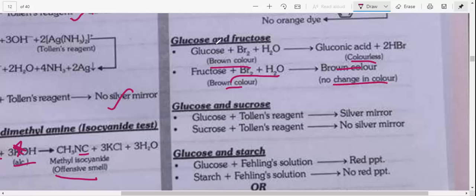So glucose changes the color from brown to colorless, whereas fructose causes no change in the brown color.